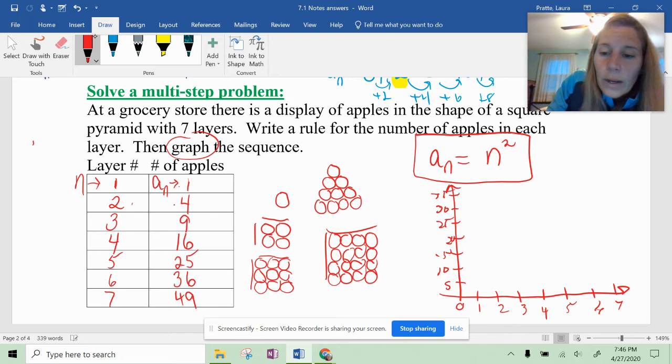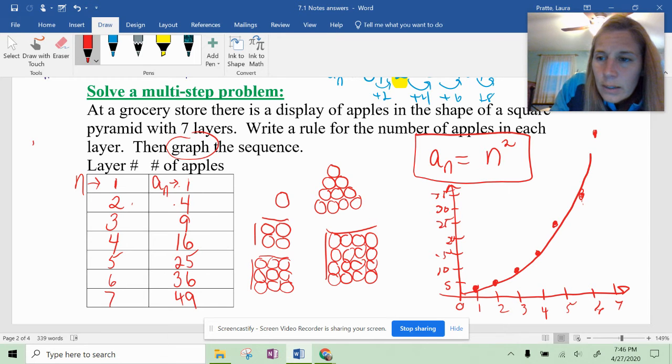Get the idea. Okay, so we have 1, 1, 2, 4, 3, 9, 4, 16, 5, 25, 6, 36, and then if you had room, the last one would be up there somewhere. So it's an exponential curve.